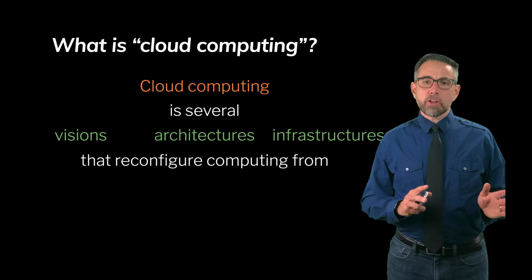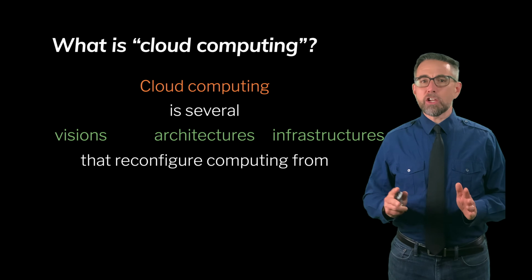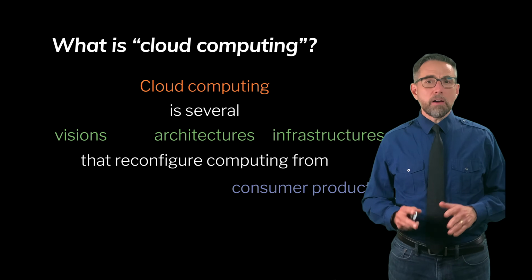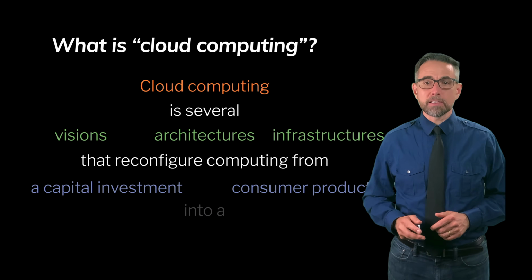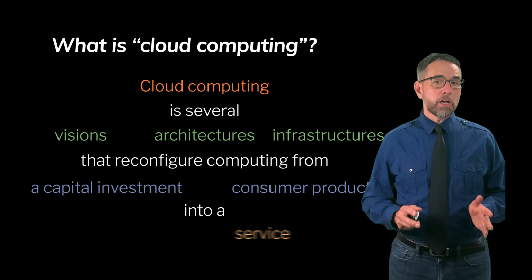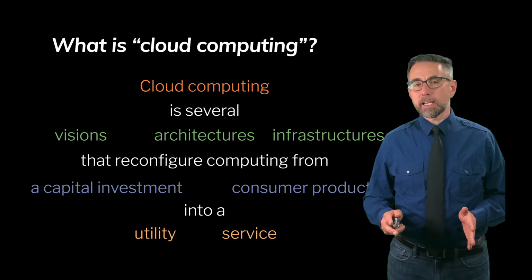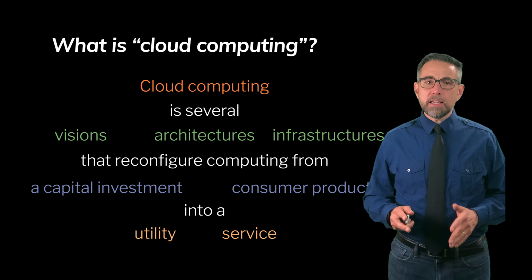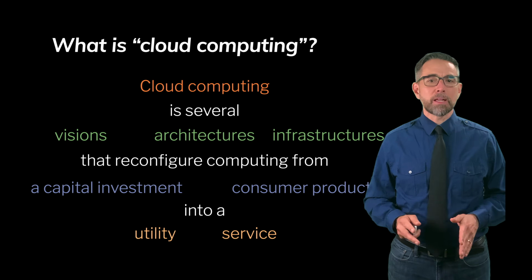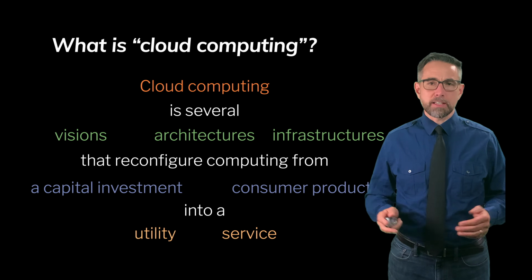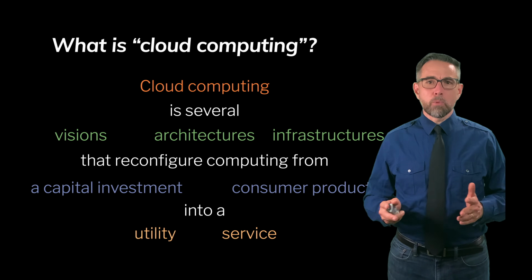And what those 3 things do is they reconfigure computing from a consumer product or a capital investment into a service or a utility. So cloud computing is several visions that reconfigure computing from a capital investment into a service, for example. Kind of all of them mean more or less the same thing.